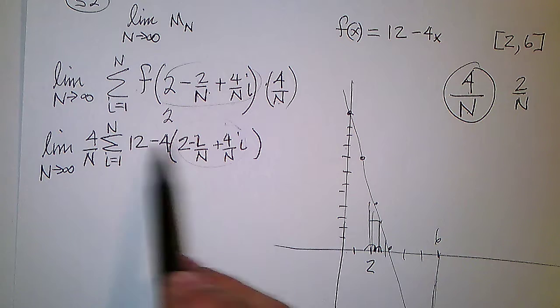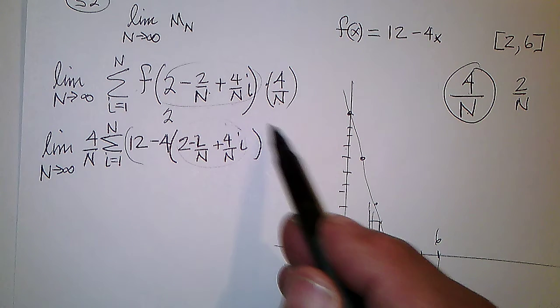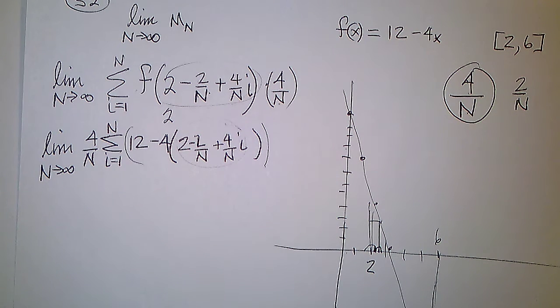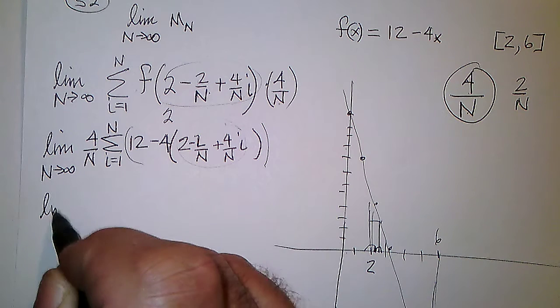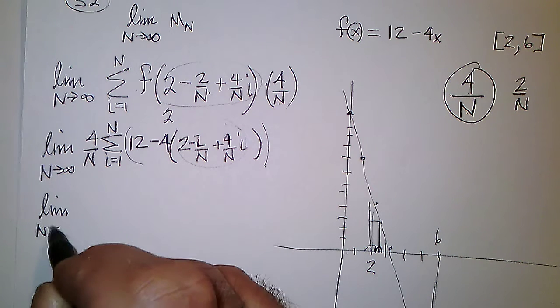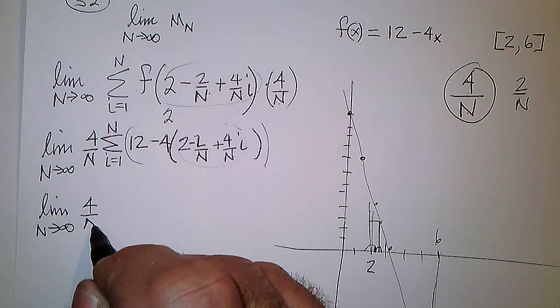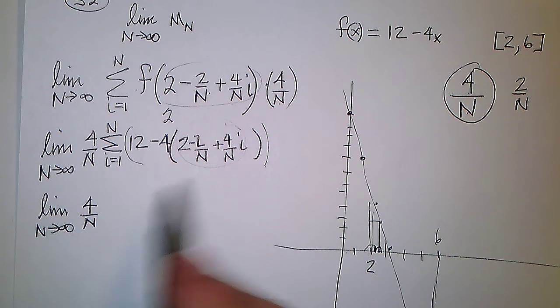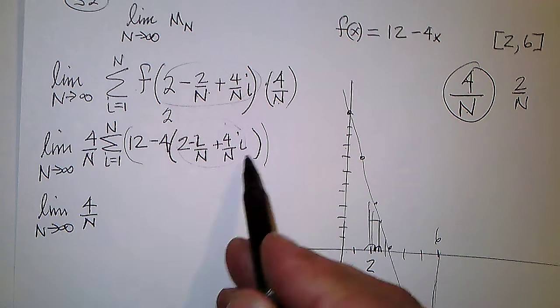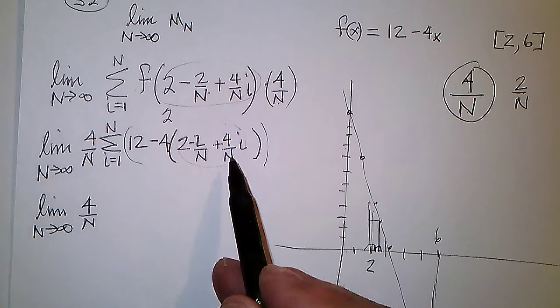And it's 4 times that, and then 12. Okay, so we got the limit as n goes to infinity. 4 over n, that's the width of the intervals, times the heights. I'm going to split this up, but maybe I can simplify this a little bit.